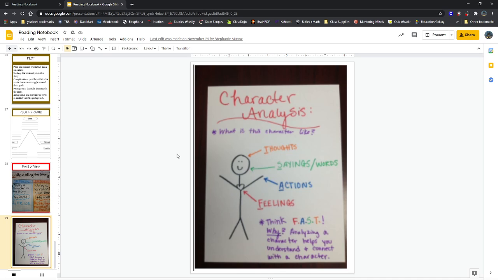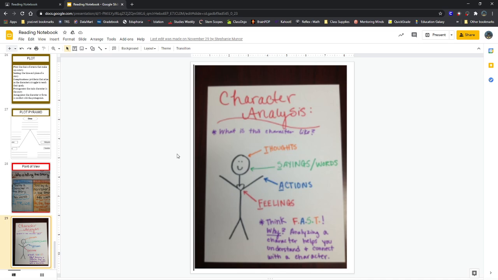What I mean by that is having curly hair or straight hair is not a character trait. Being tall or short is not a character trait. Having brown eyes or blue eyes is not a character trait.